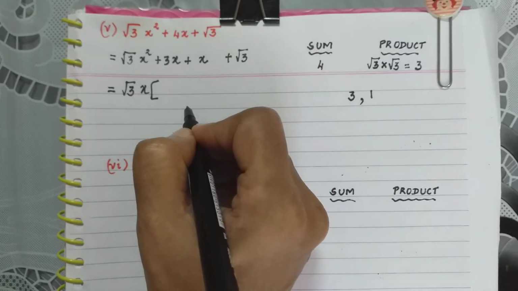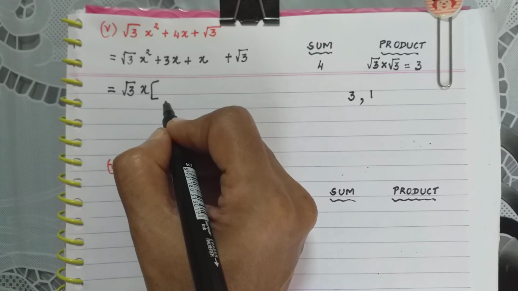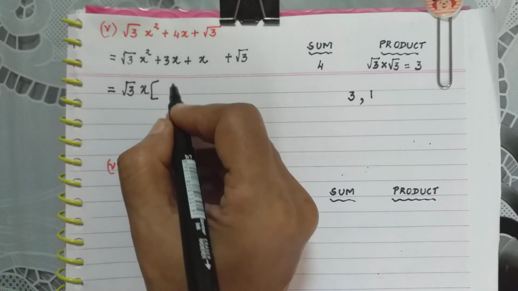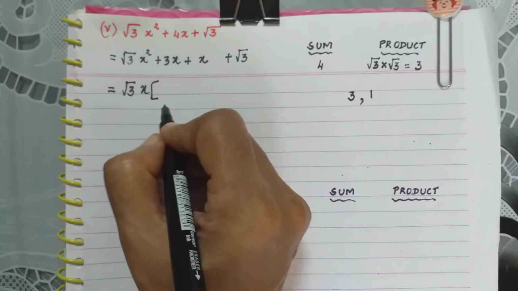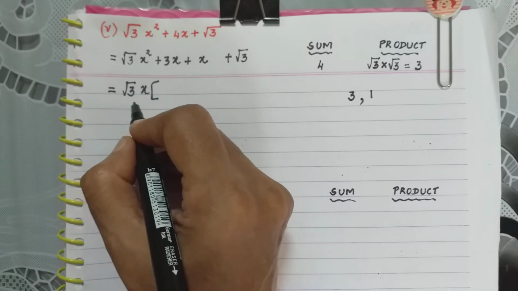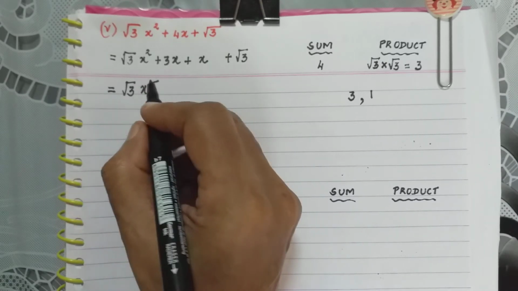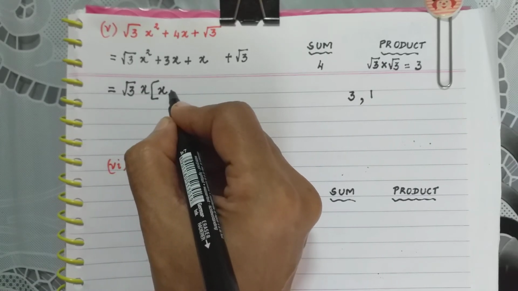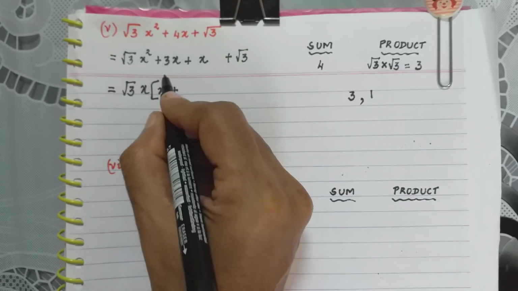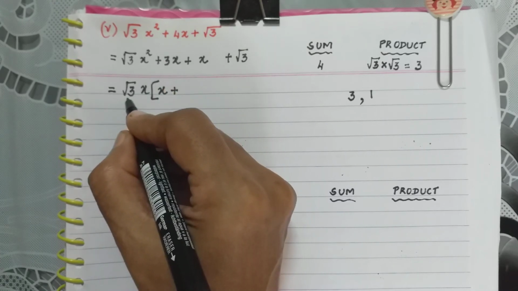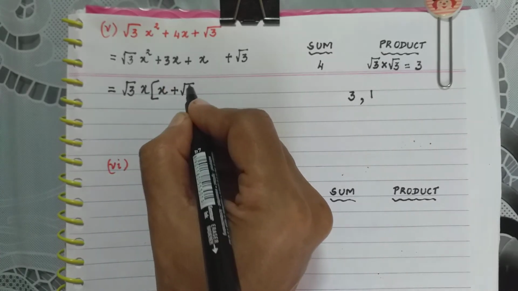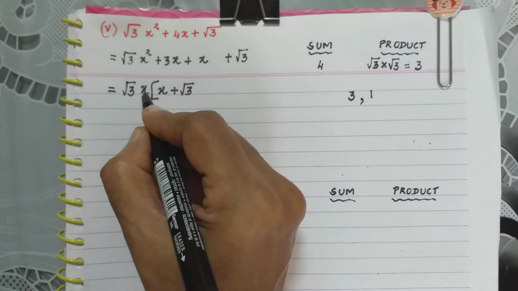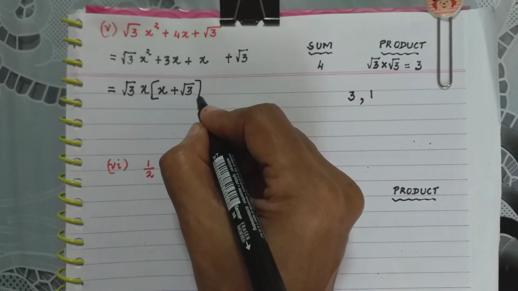Now inside the bracket, you see the bracket I have written here is a square bracket. You write round bracket or you write square bracket, it is one and the same. Now if √3x is out, what is left now? Only 1x. So we write here x plus. Now from 3, √3 is already out, so one more √3 is left. x is already out, so we don't have to write anything.